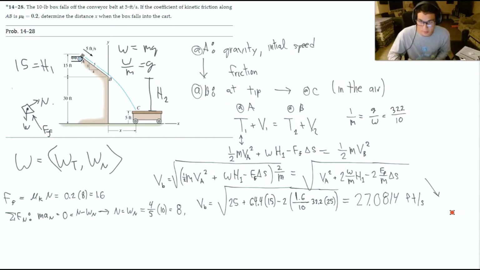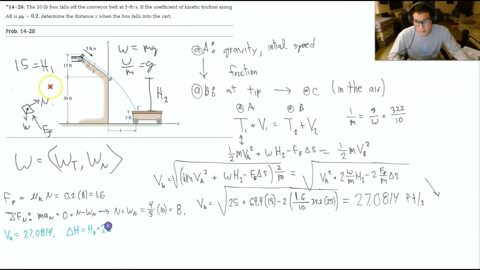Okay, so we want to find the distance x. So we know that VO, for us, in this case now, is 27.0814. Then we know that the change in height, which we'll call h2, I think we did, is going to be 25 feet.